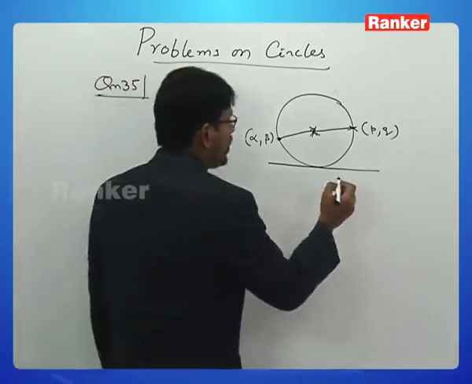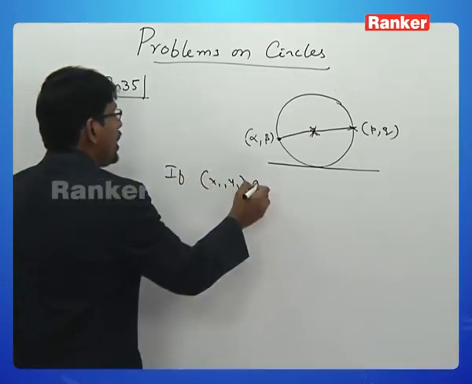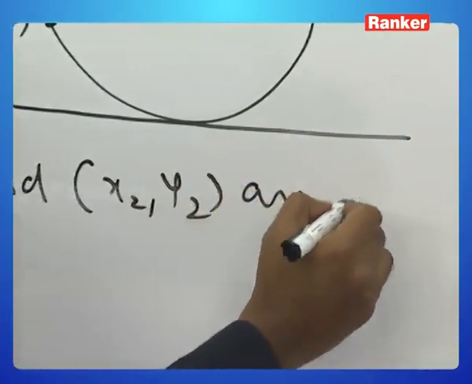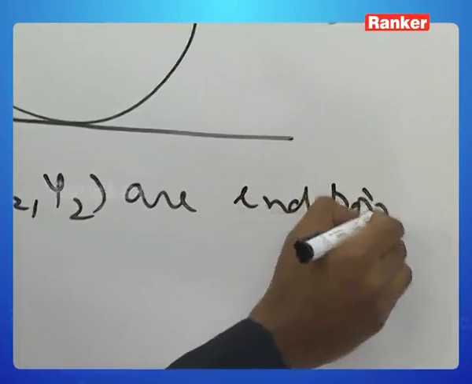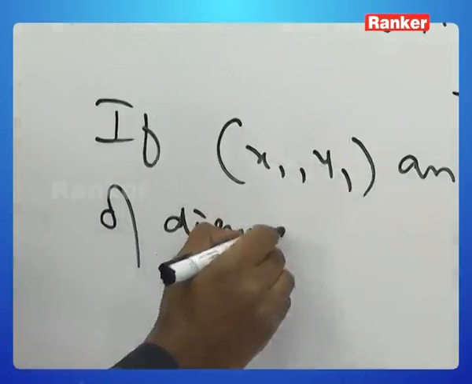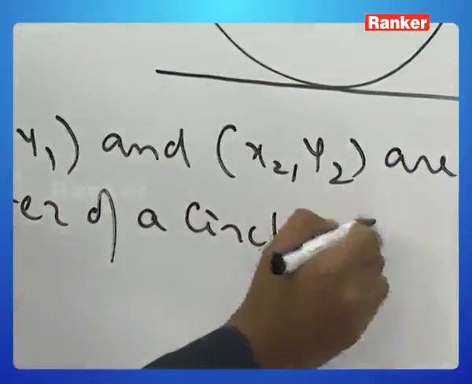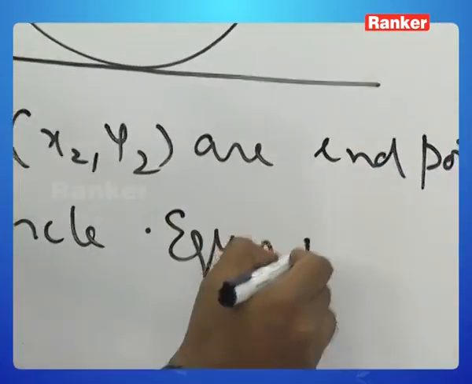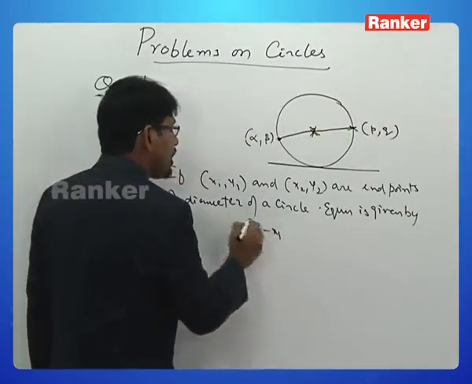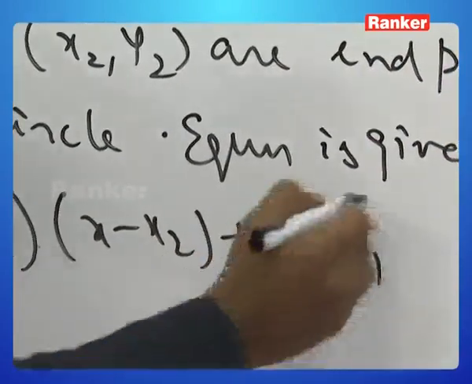If x1 comma y1 and x2 comma y2 are endpoints of a diameter of a circle, the equation is given by x minus x1 into x minus x2 plus y minus y1 into y minus y2 equal to 0.